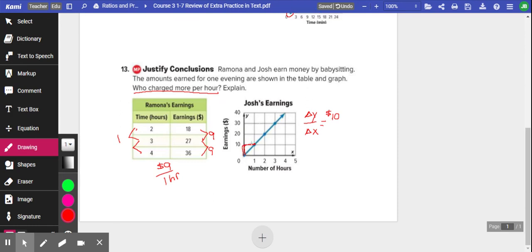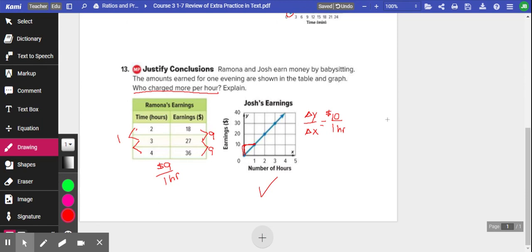And the x-axis changes from 0 to 1, or by 1, and that's hours. So per 1 hour. So we have Ramona, who is charging $9 per hour, and Josh is charging $10 per hour. Simple math, we know that 10 is larger than 9. So therefore, who charged more per hour? We would have to say that it's going to be Josh.